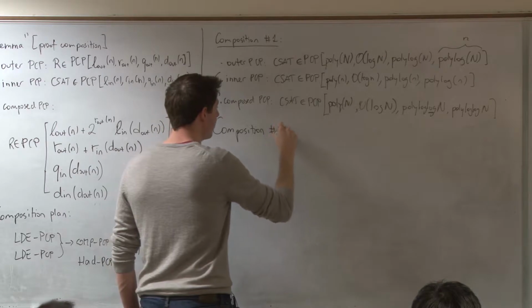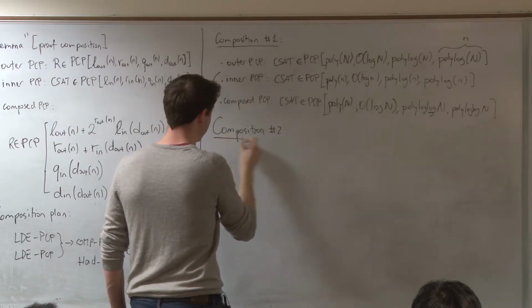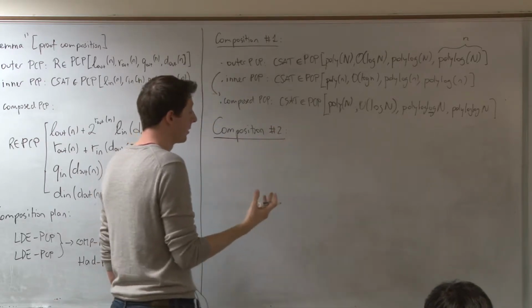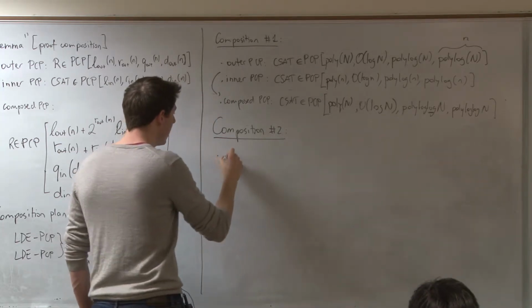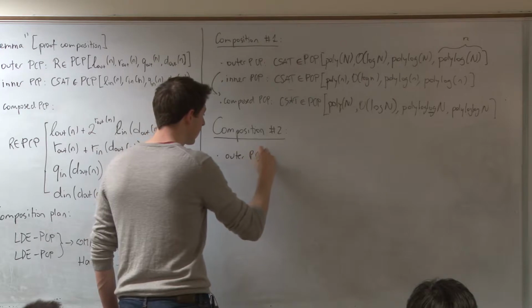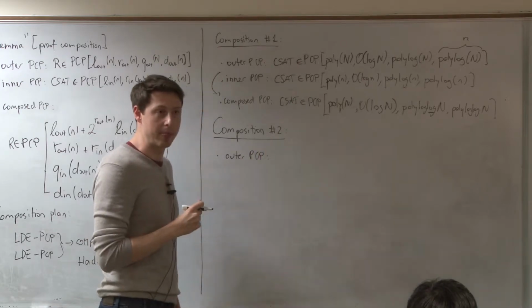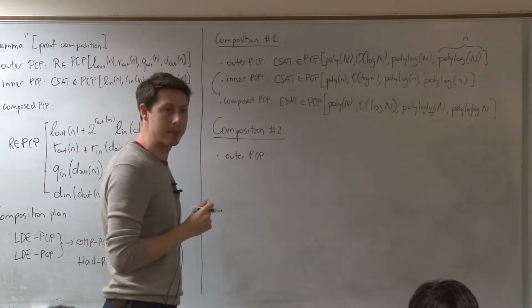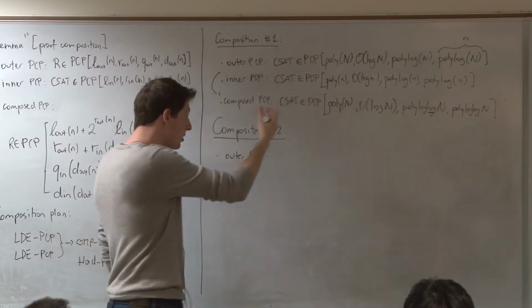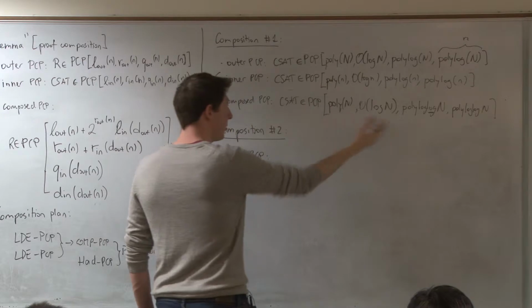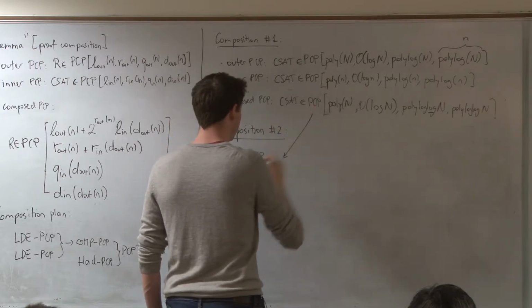So composition number 2, but it's also a good question. Of course, it's to some extent more elegant to just pick one component and keep improving it. So as our outer PCP, what are we going to pick? The thing we just produced. Otherwise, why did we produce this new component? So we're going to use it as the outer PCP there.